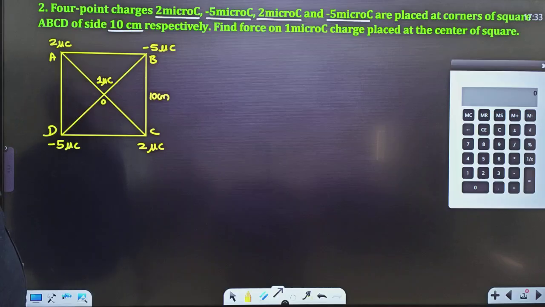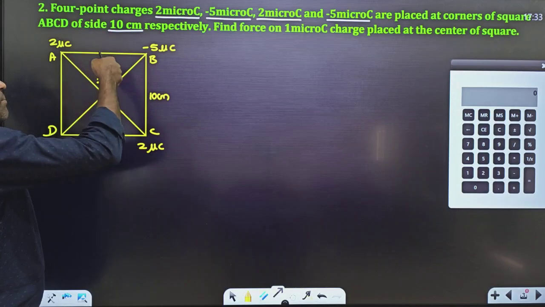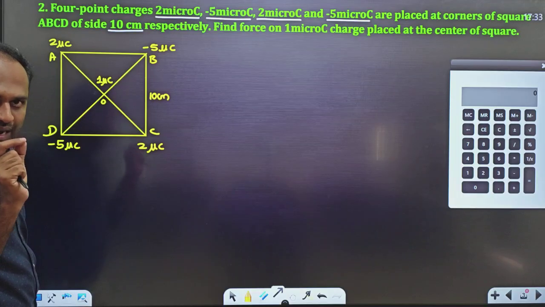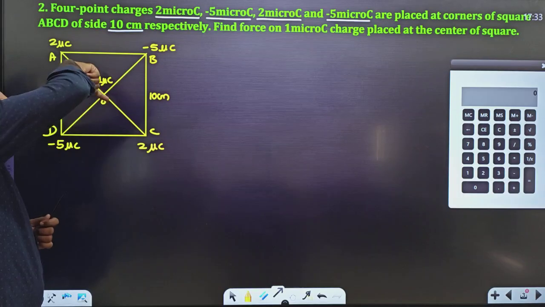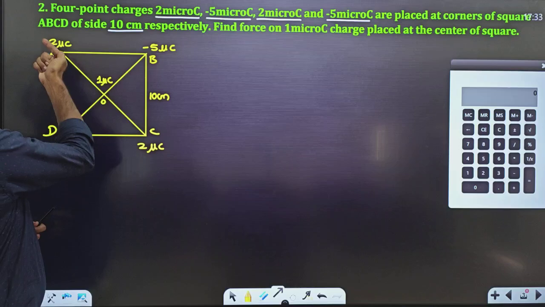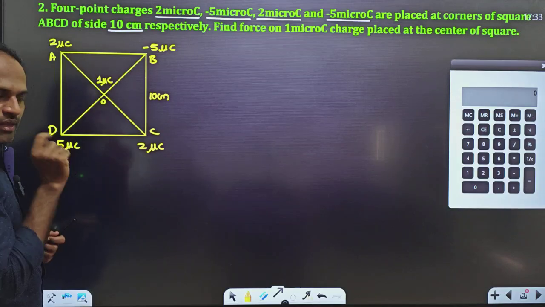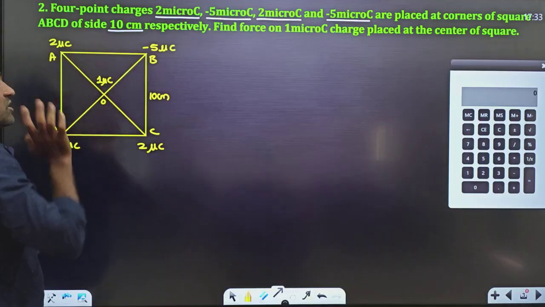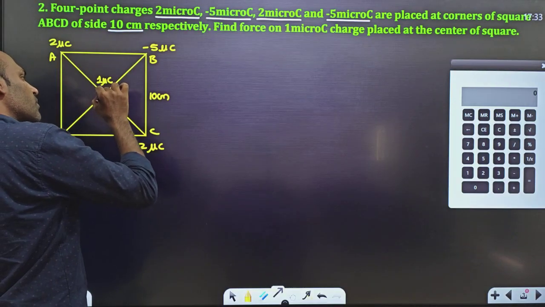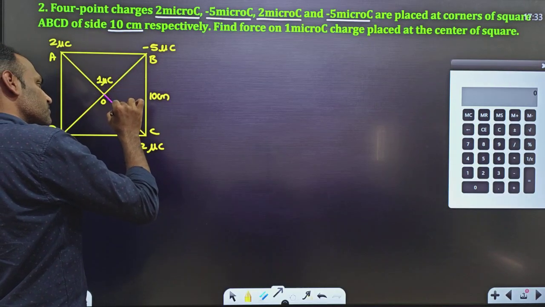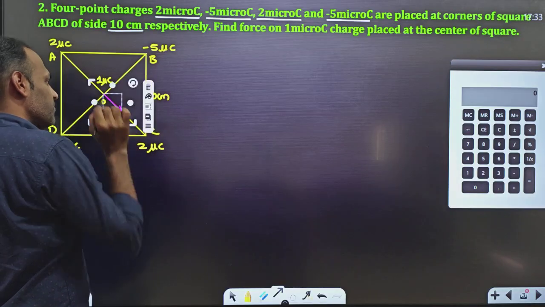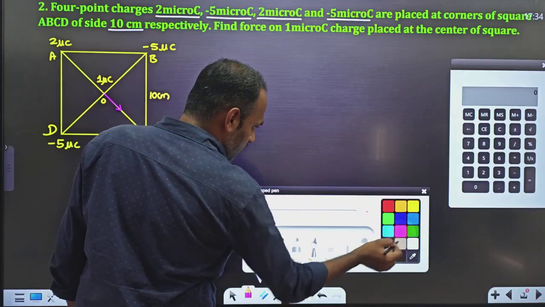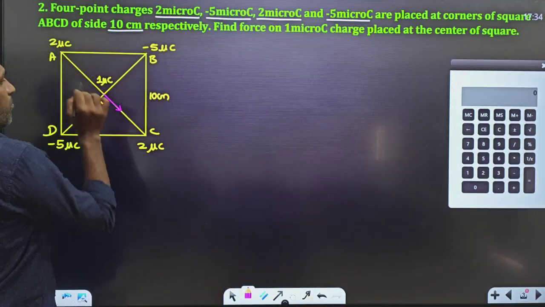Okay, so plus 2 microcoulomb and plus 1 microcoulomb, both are positive, so the force must be repulsive. So the force on plus 1 microcoulomb will be in this direction due to 2 microcoulomb. They ask for the force only on the 1 microcoulomb charge, so show the force only on this charge, not on the other. This is the force on 1 microcoulomb due to 2 microcoulomb.